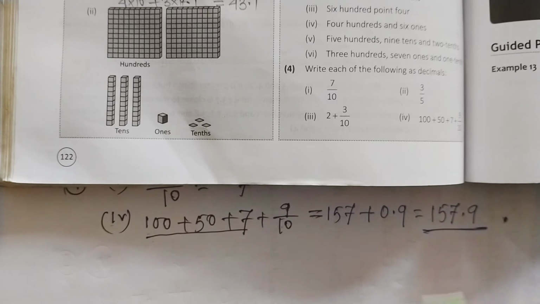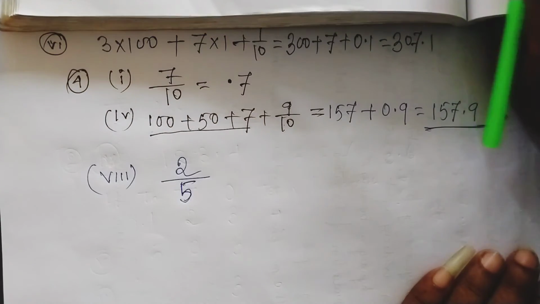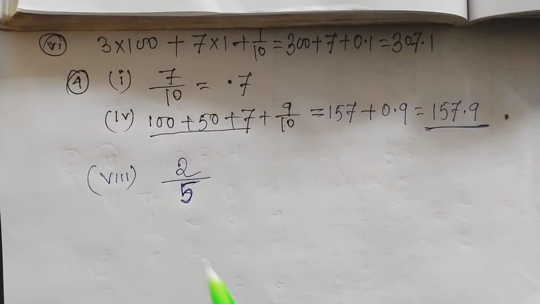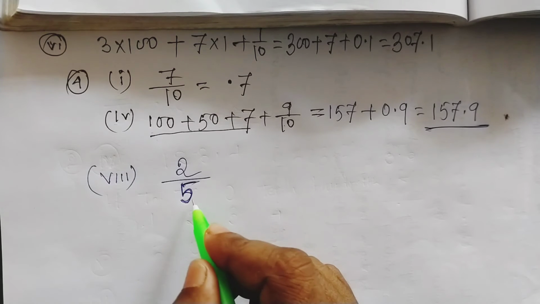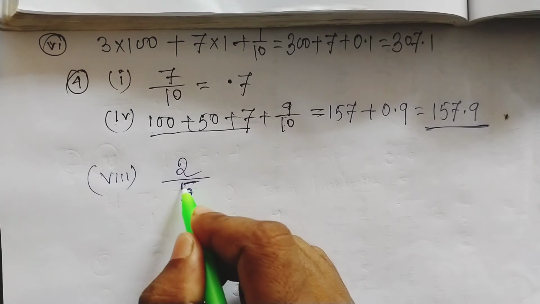Question number 8. Here is the given question: 2 by 5. We have to write it in decimal places. So at first try to convert this denominator part into a multiple of 10. So here is 5.